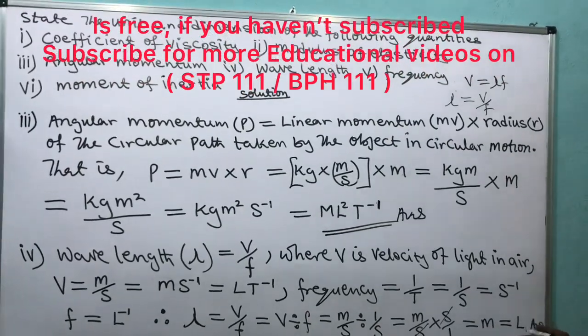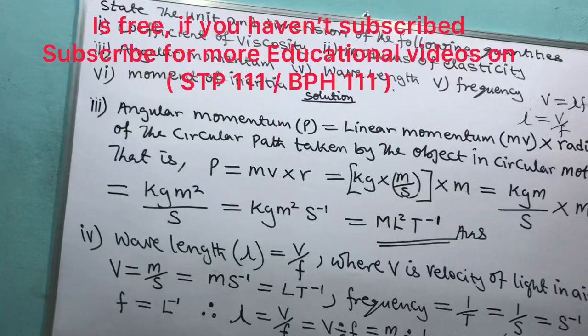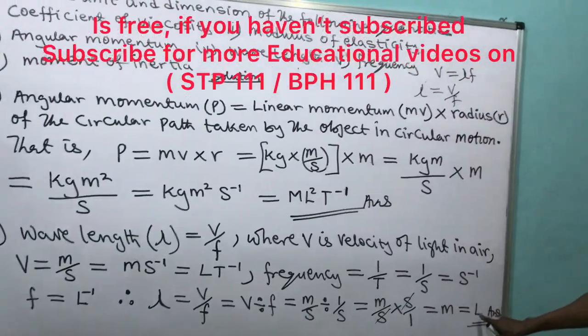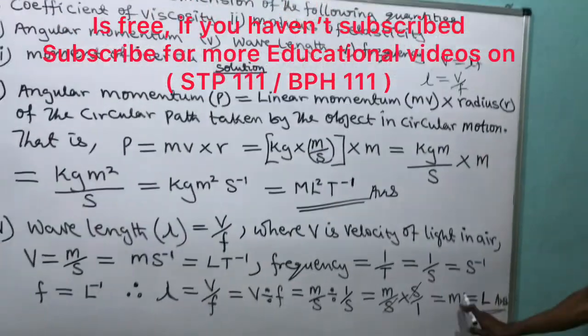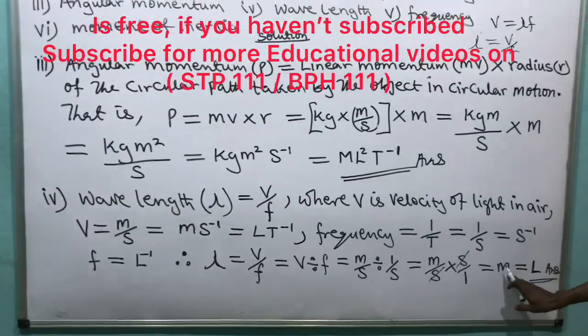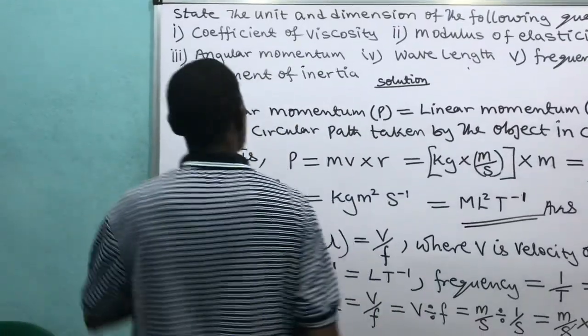We now say the dimension of wavelength is meter, and in capital letters, the dimension of wavelength is capital L. The unit of wavelength is meter, and the dimension is capital L.